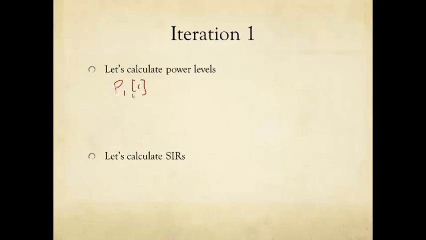Okay, now at iteration 1, gamma 1 is the SIR just observed times the power at the last iteration.